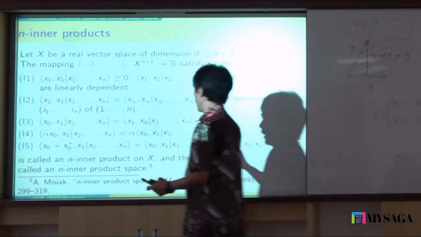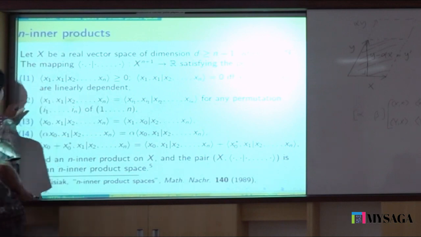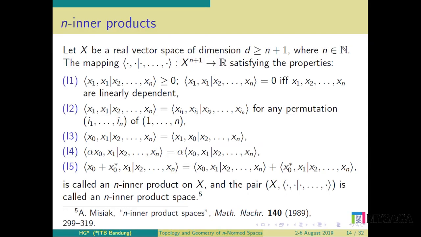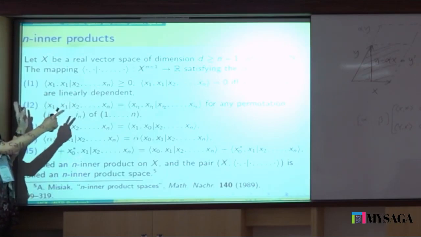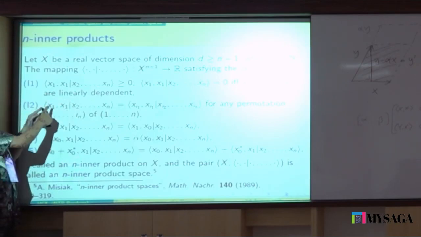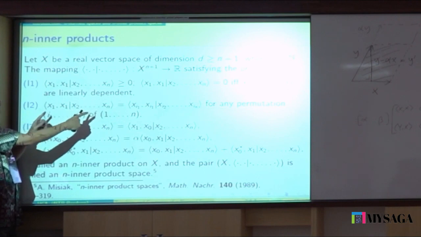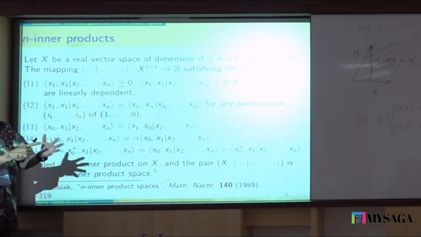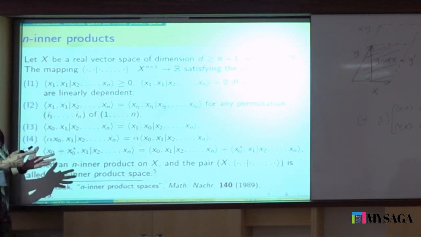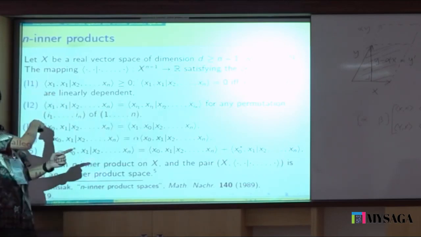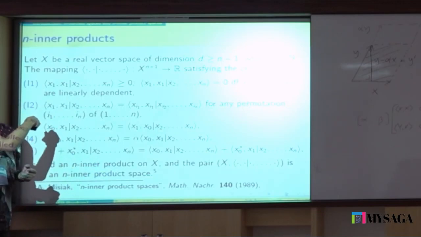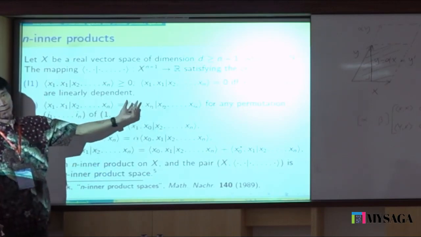But now the second property says that if the first two vectors are the same, then imagine we have the n-norm of x1, x2 up to xn. Then the n-norm is invariant under permutation. For example, x2 now can move to another position, but as a pair.